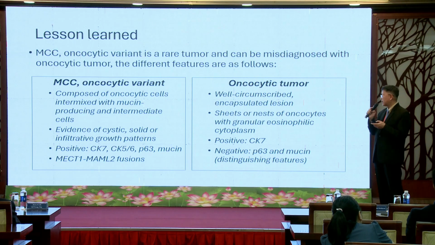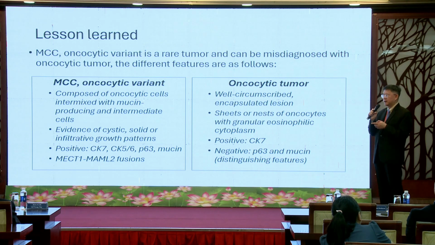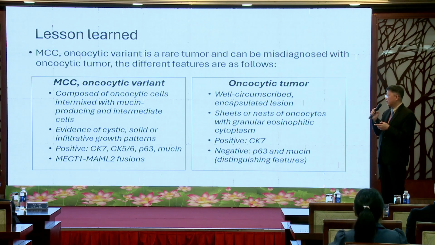But in mucoepidermoid carcinoma, even though most cells are oncocytic, you will see other cells typical for mucoepidermoid carcinoma. That is the clue and the important point for making the diagnosis.